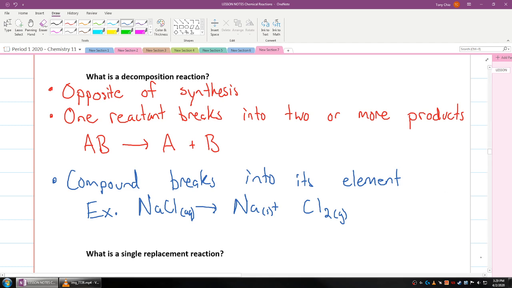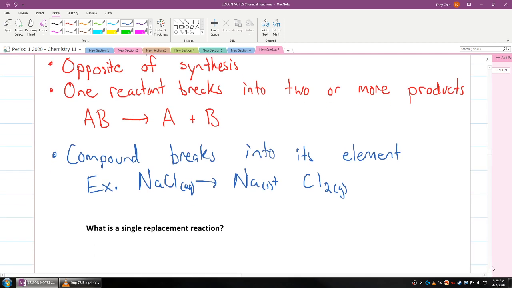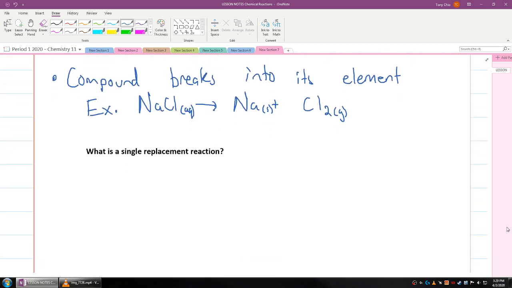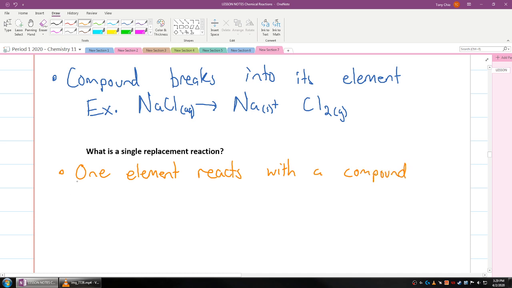Now, the next type of reaction we're going to talk about is going to be our single replacement reaction. A single replacement reaction is one where you're going to usually have one element reacting with a compound. And what's going to happen is that the element is going to kick off the same type of element in that compound and replace it.